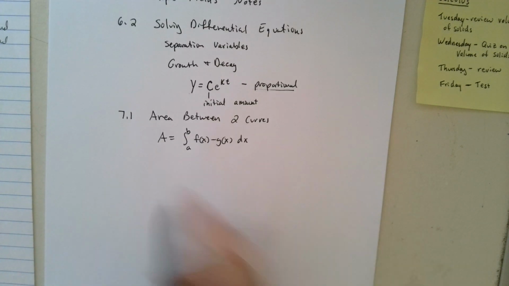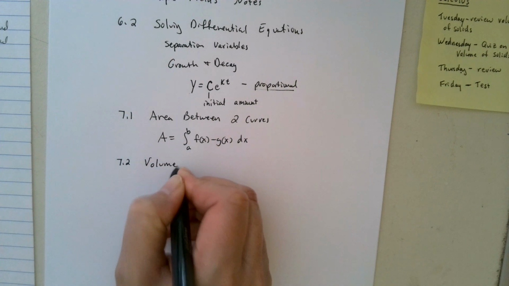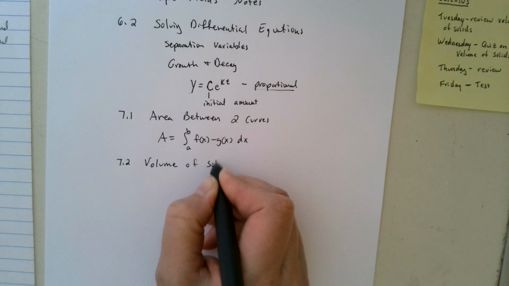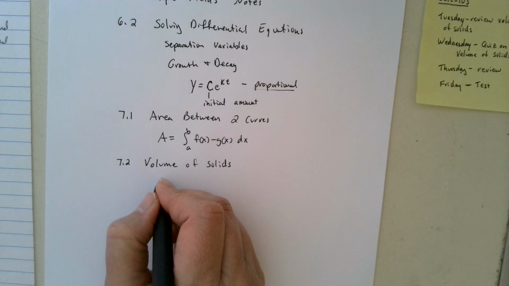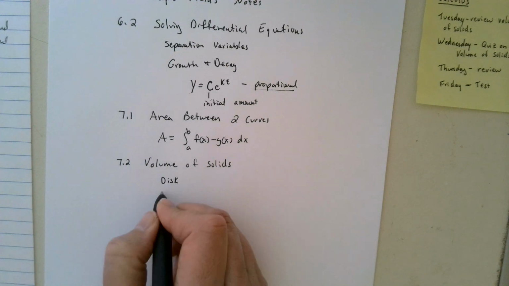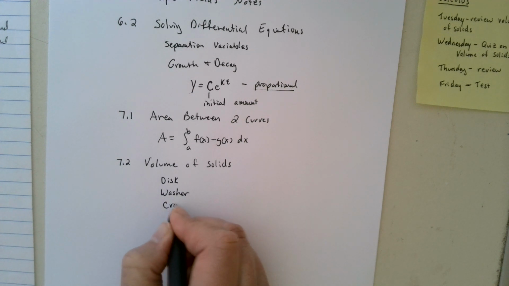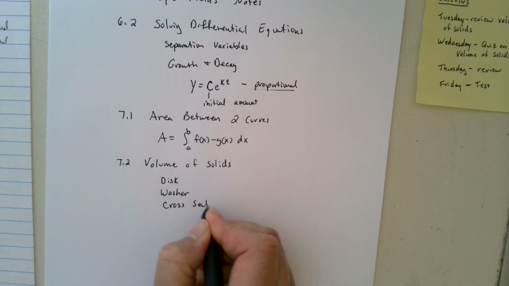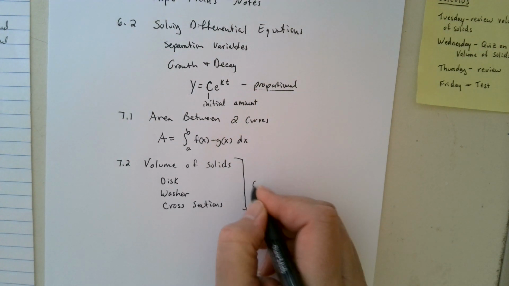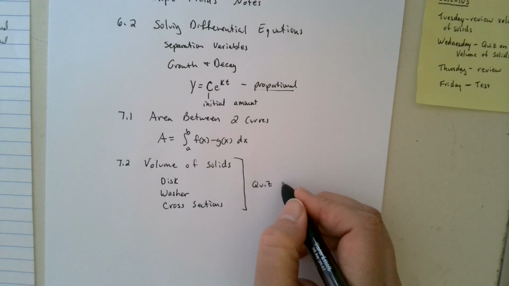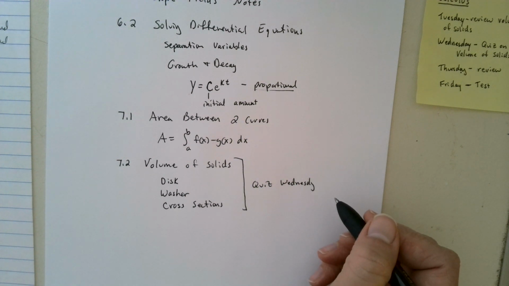And then last week we were working on 7.2, which was volume of solids, and we talked about the disk method, the washer method, and then known cross sections. And that was the quiz that was on Schoology on Wednesday, and all the homework that you had last week.